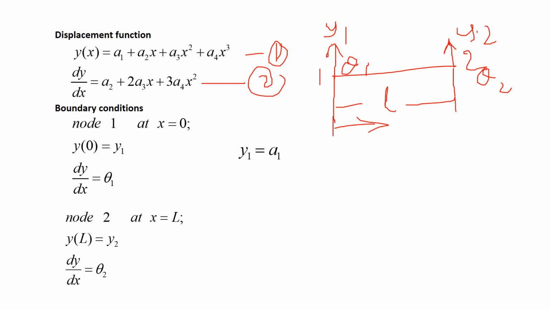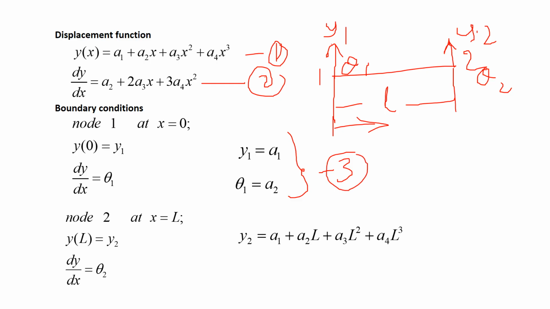Similarly theta 1 is equal to a2; this is equation 3, which we get by substituting node 1 boundary conditions. Similarly substitute node 2 boundary conditions in equation 1 and equation 2. These two we will get, these are the equation 4s.